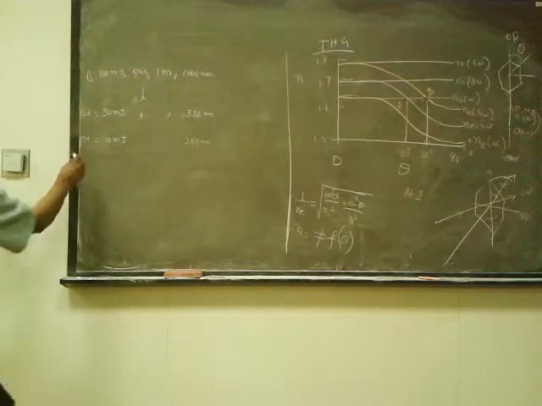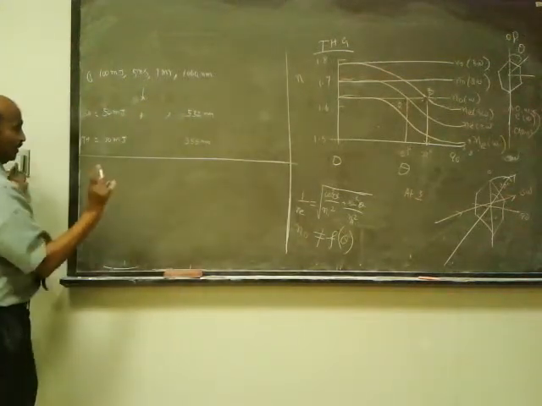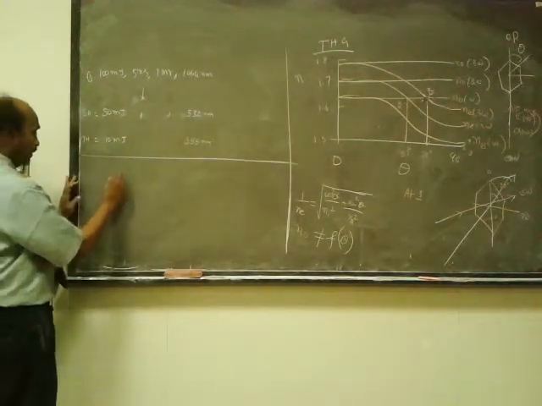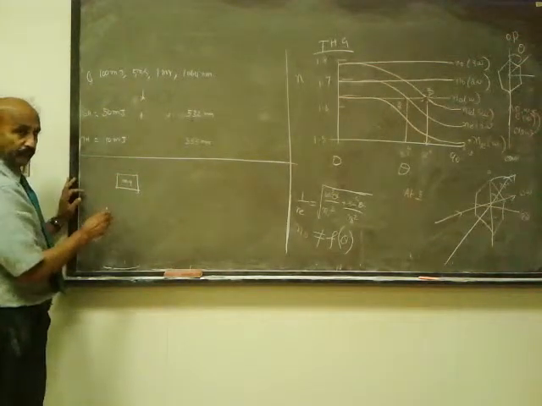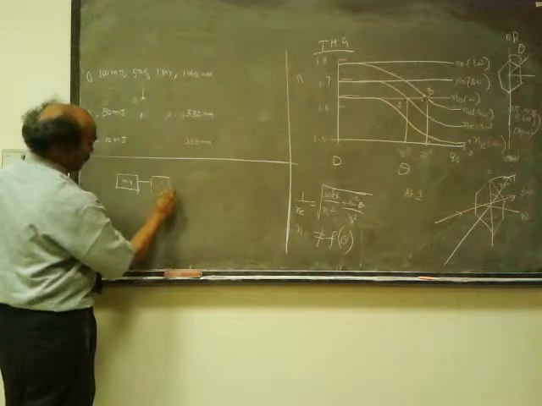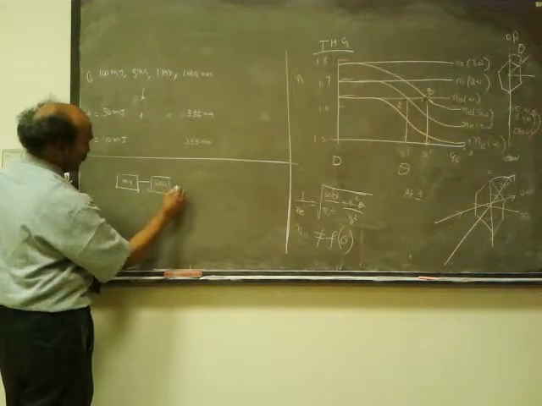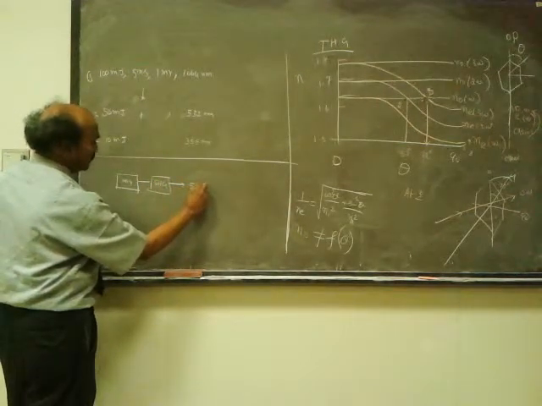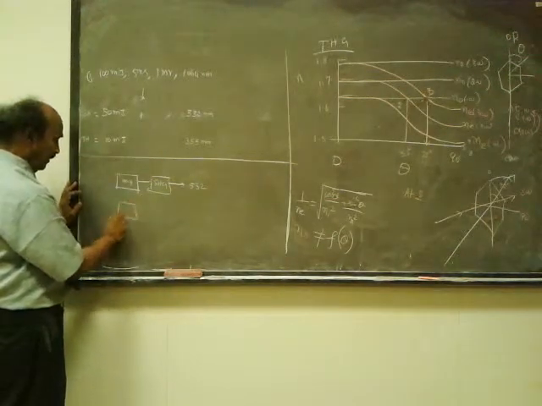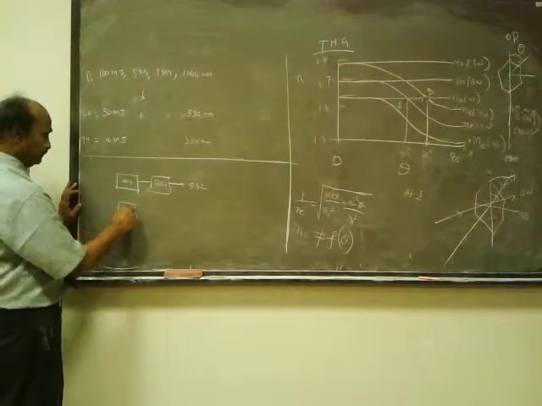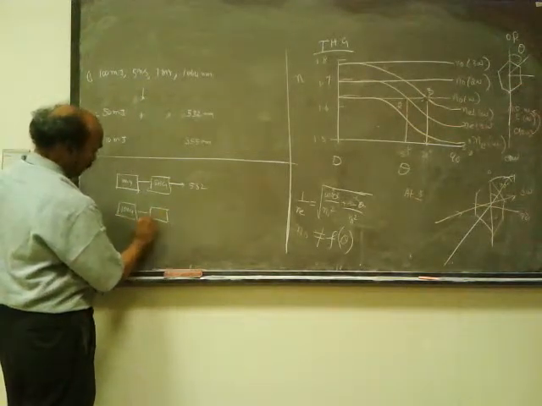In principle, I can do this way. Experimentally, what I do, look at it. I start with 1064. I can put the second harmonic generator, then I will get 532. And then 1064, I can put third harmonic.